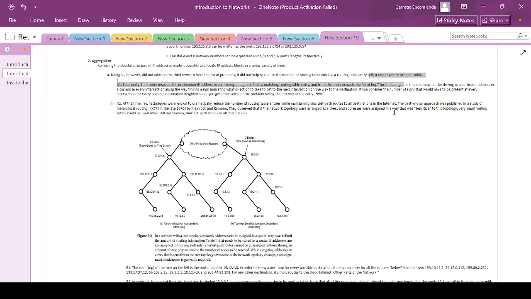Now the new problem is the table entries, because like in a car, you have multiple entries to go through, which provides a lot of overhead before you get to your destination. So we need to reduce that as well. That's problem 3. And the second one is more long term. It was solved by IPv6 since it has a lot of possible addresses.